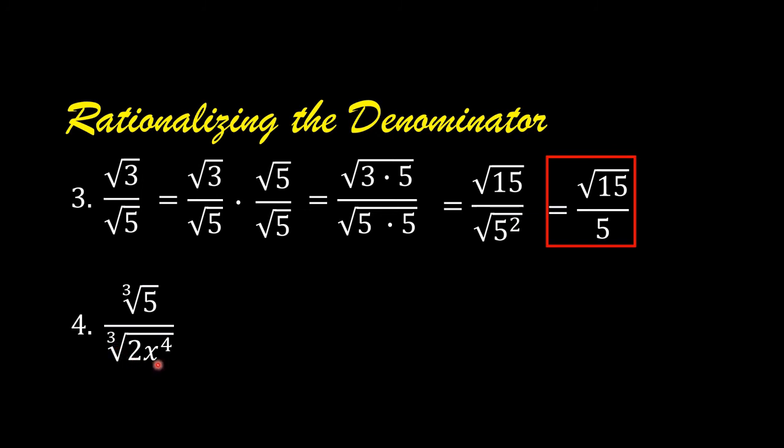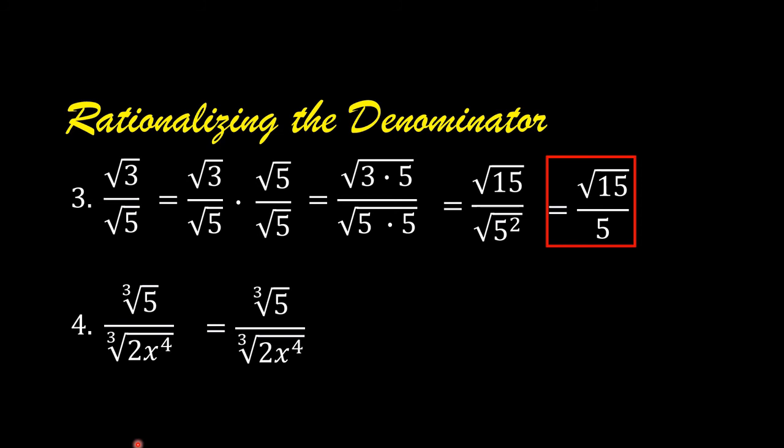But if we multiply x raised to the exponent of 4 by x squared, we will get x raised to the exponent of 6, because we add the exponents in multiplication. 4 plus 2 is 6, and 6 is divisible by 3.